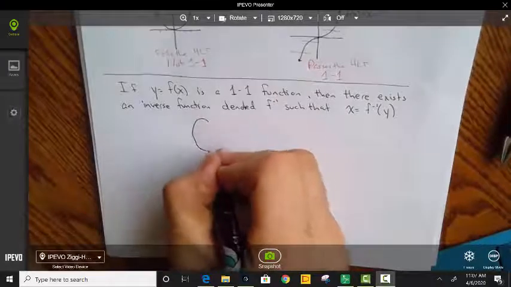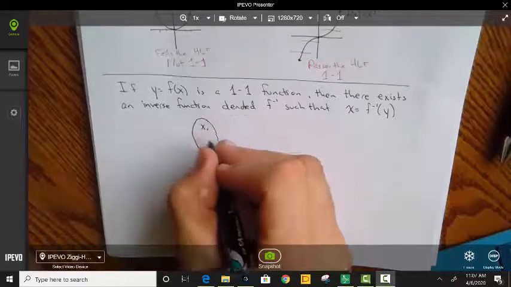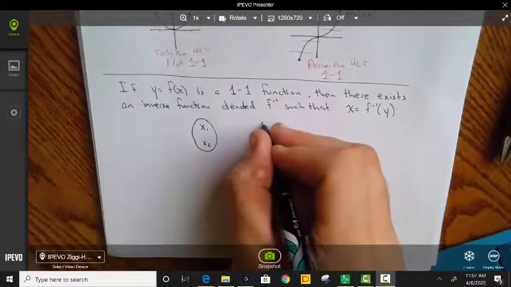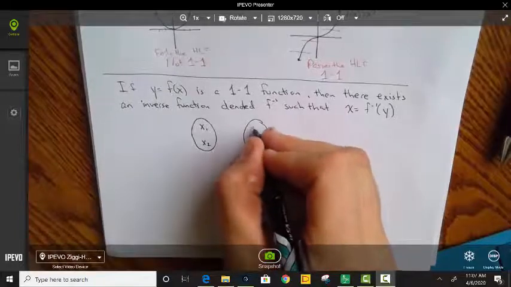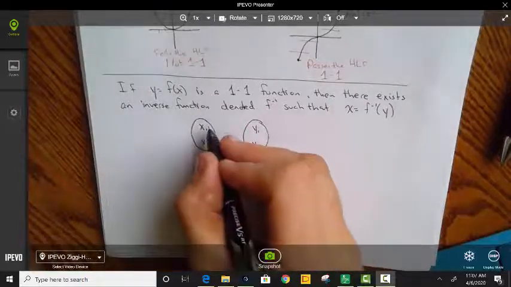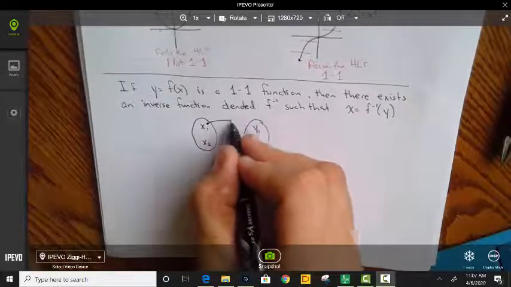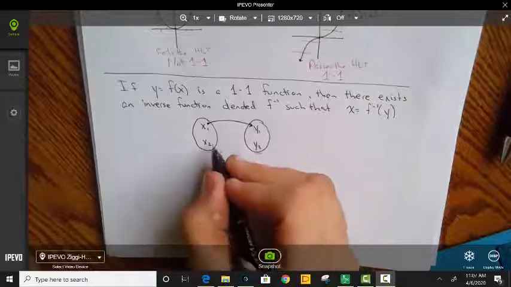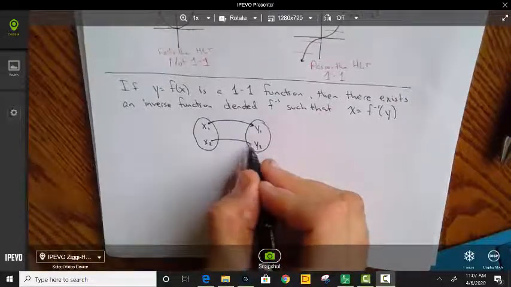For example, if we have this mapping where x1, x2 is being sent to y1, y2, and the function takes x1, sends it to y1, it takes x2, sends it to y2.